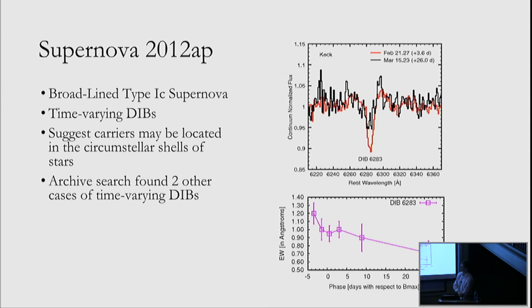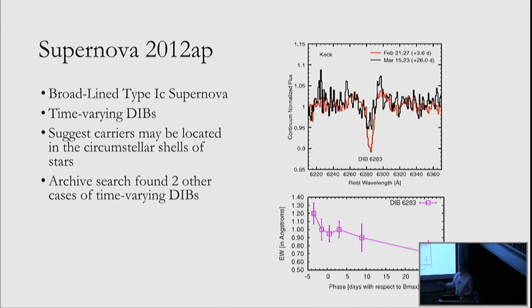All right, so some of the work that prompted this project was evidence of interaction between supernova 2012AP, which is a type Ic broad-line supernova, and the DIB carriers. You can see in the plot on the right evidence for a DIB at 6,283 angstroms. Its equivalent width is changing in time over a relatively short time scale, maybe 25, 30 days.